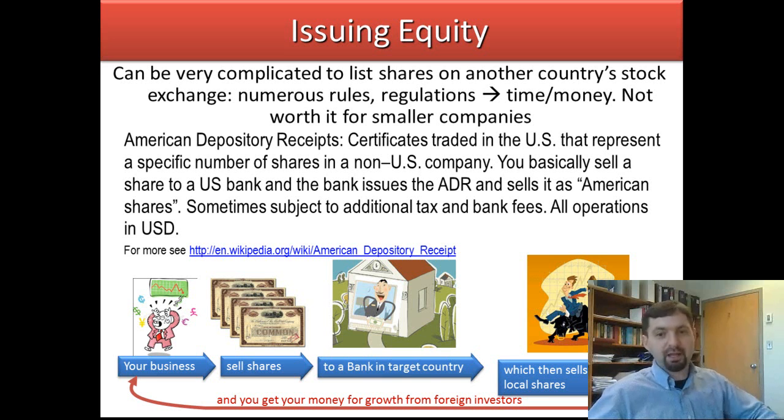Those are normally called American depository receipts if you do it in the United States, but you can do the same thing in just about any other country. And by doing so, you can sell equity in your company without all the hassles of formally going through the process of enlisting your company on a foreign exchange market.